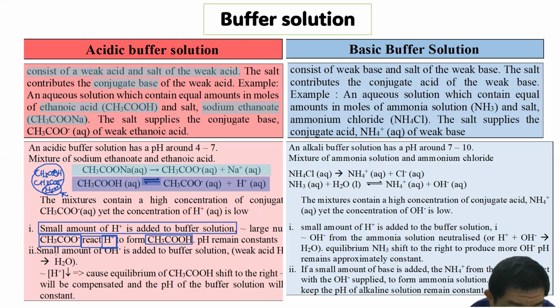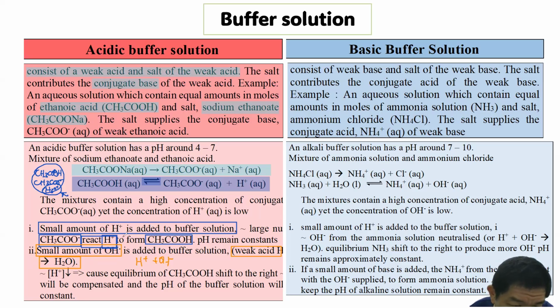Whereas when you add a little amount of alkali to the buffer solution, what will happen? When you add a small amount of hydroxide ion to the mixture, the weak acid will react with the hydroxide ion to form water. So what will happen as a result, where you have a small number of H plus and OH minus?